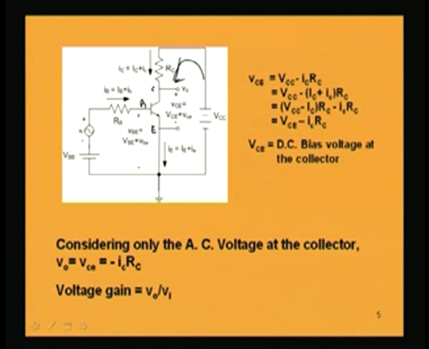Now again, we write VCC minus ICRC equal to VCE. Basically, what we are writing by this equation is the instantaneous voltage between collector and emitter, that is given by this VCC, the DC biasing voltage at the collector, which is reverse biasing, minus ICRC.